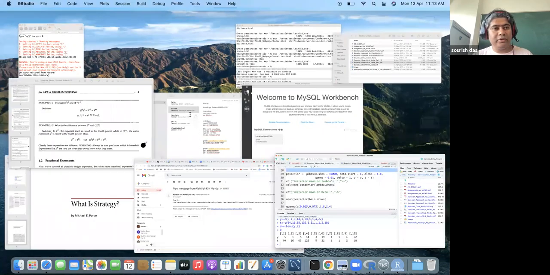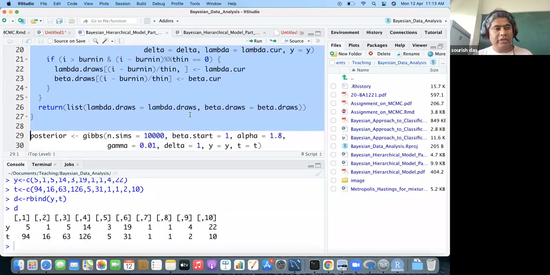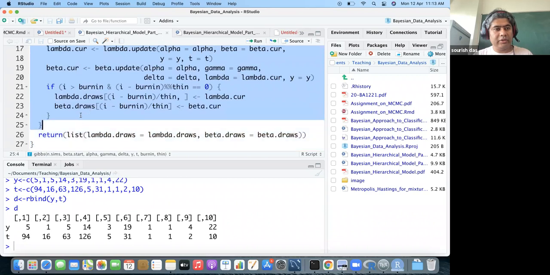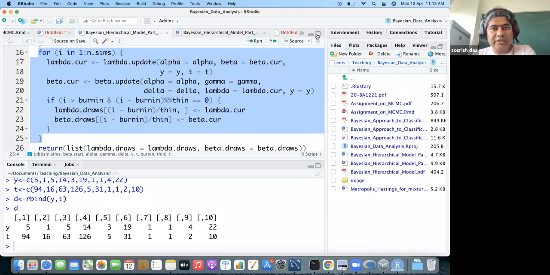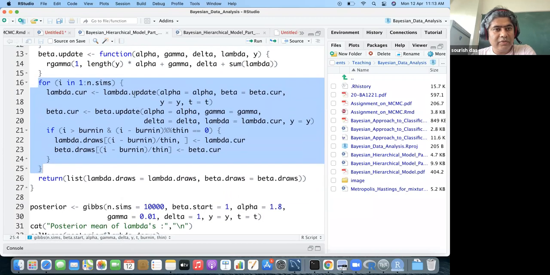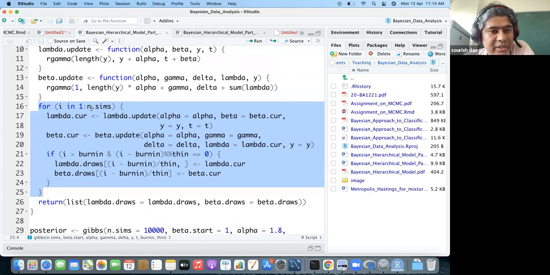In iteration, the way it runs is basically first it updates the lambda. Now this current lambda goes in here. Rest of the things are the same, and then it updates the beta. And this is how it keeps doing it.